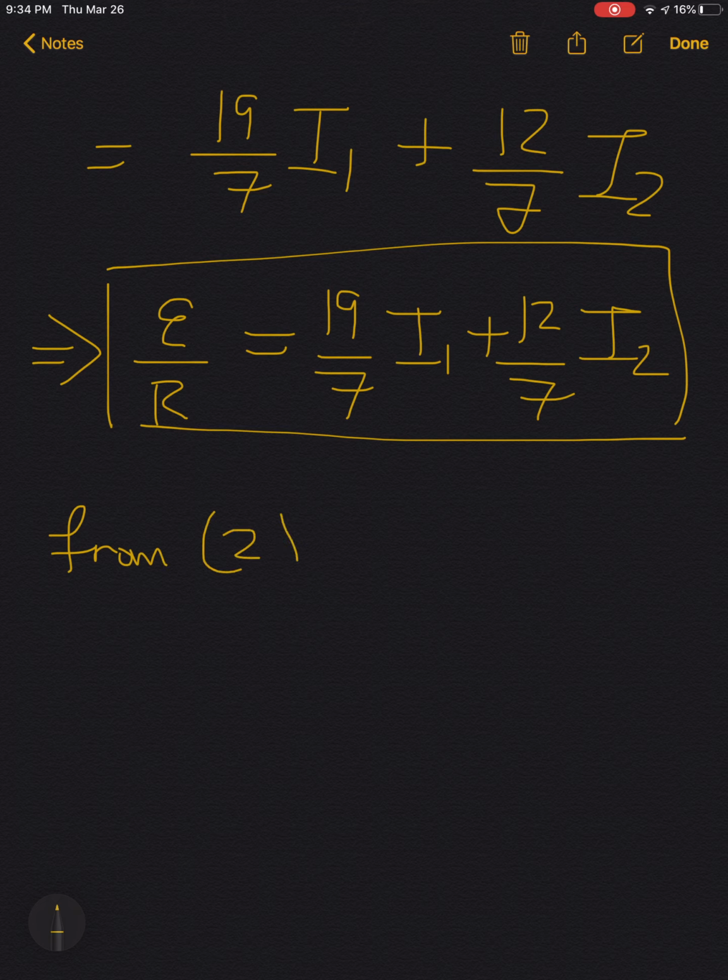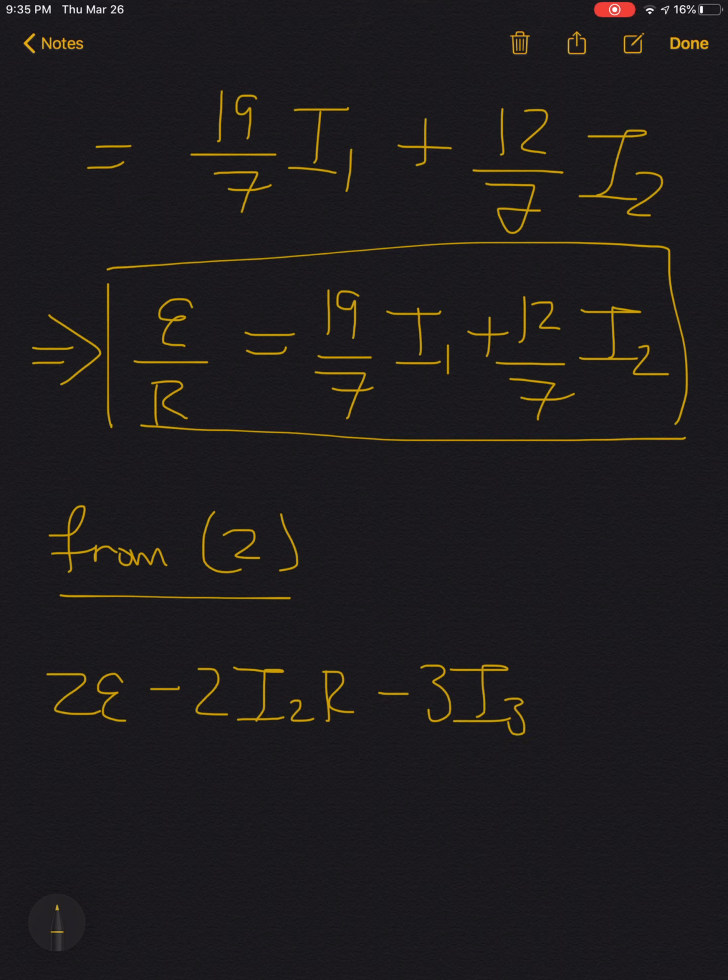From 2, the second equation looks something like 2E minus 2I2R minus 3I3R equals 0.